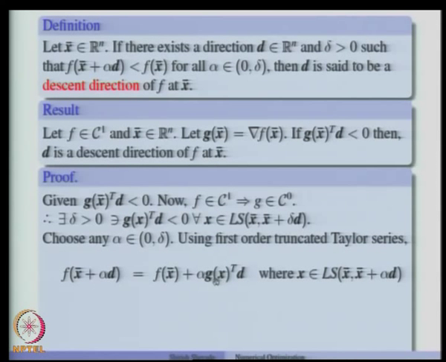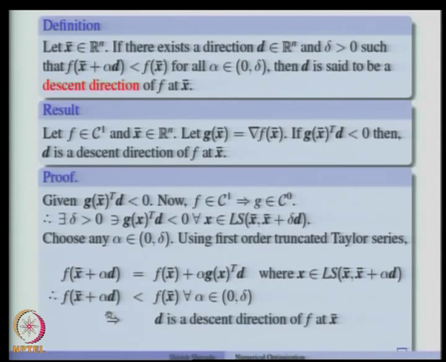Because alpha belongs to 0 to delta and x belongs to this open line segment, we can see that g x transpose d is less than 0, because of the fact that g x bar transpose d is less than 0 and g is a continuous function. And therefore, f of x bar plus alpha d is less than f of x bar for all alpha in the closed interval 0 to delta, which means that d is a descent direction of f at x bar as per the definition given here.